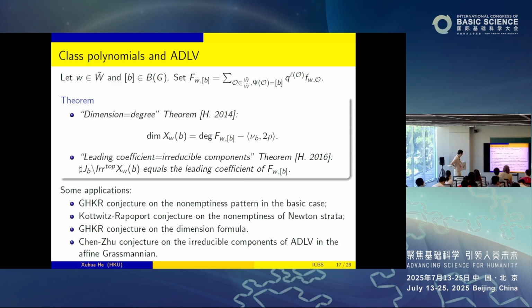And then based on this and combined with other techniques, we are able to prove several important conjectures in arithmetic geometry, including those of Görtz, Haines, Kottwitz, and Reuman on the non-emptiness pattern, the Kottwitz-Rapoport conjecture, the non-emptiness of the Newton strata, the dimension formula, and the conjecture of Miaofen Chen and Xinwen Zhu on the irreducible components.